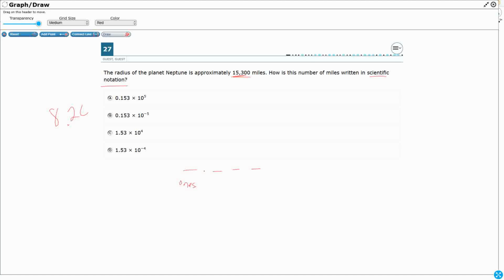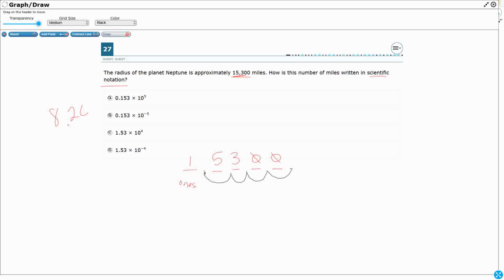So if I were to put 15,300 out there, and then obviously if we make that a decimal, we don't really need these two, but we're going to have those for places. What did I do? Well, I started with 15,300, and I moved the decimal once, twice, 3 times, 4 times.